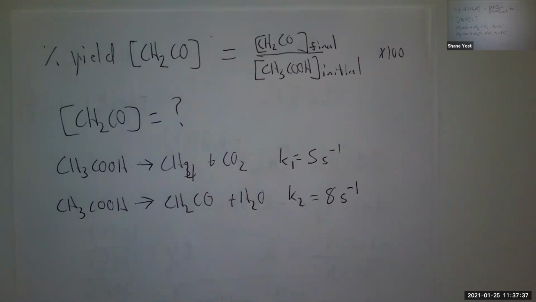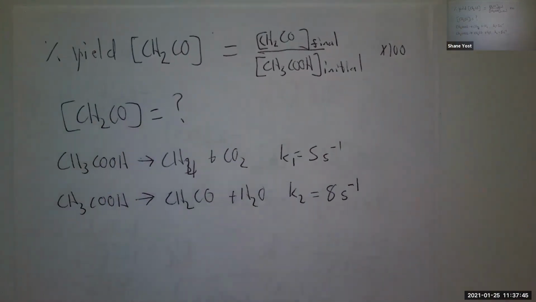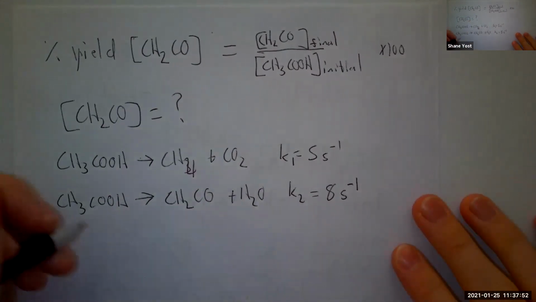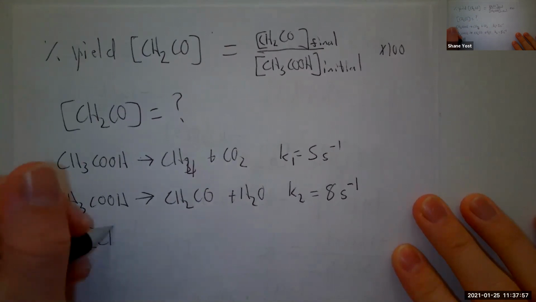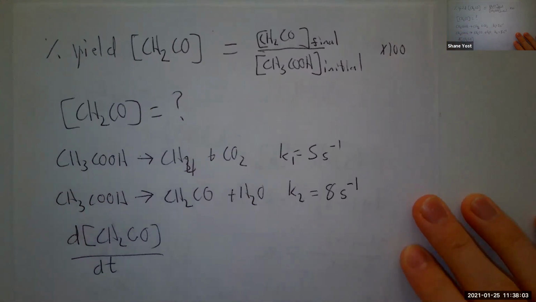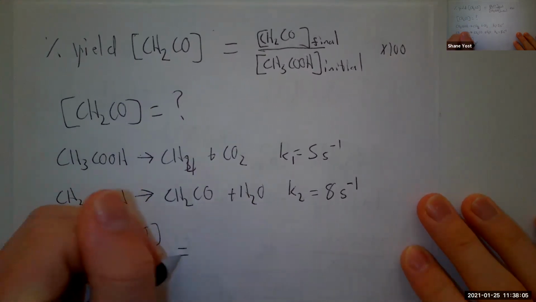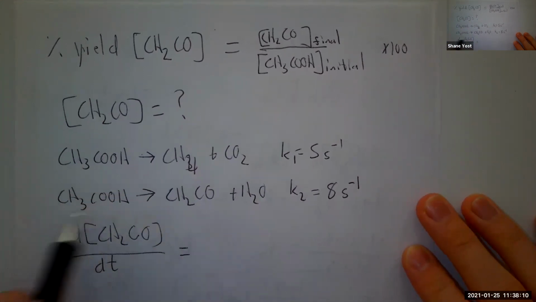So what is the change? If I want to get the concentration of CH2CO as a function of time, I can't necessarily get that straight away, but I can relate it to the fact that the change in concentration of CH2CO as a function of time is just equal to the rate of this reaction, which we know is a first order reaction.